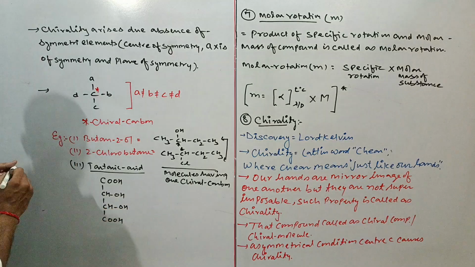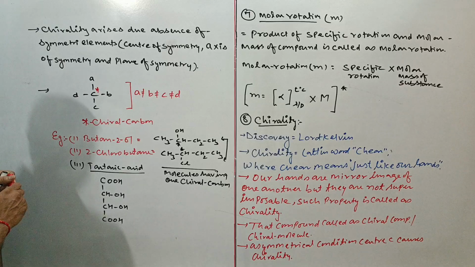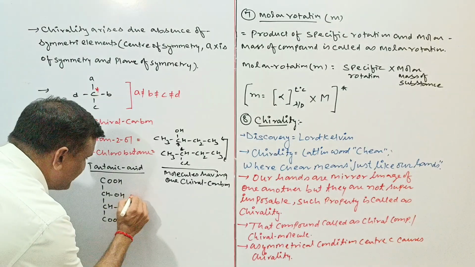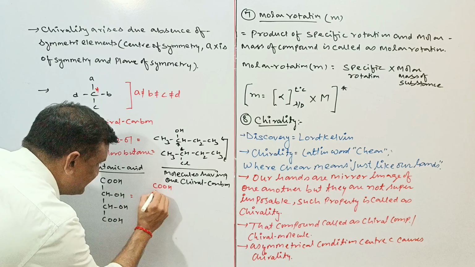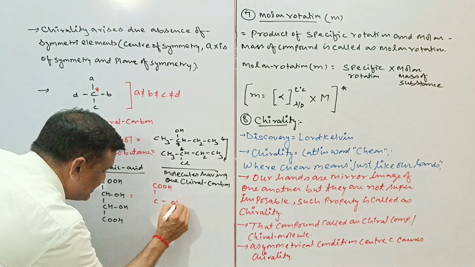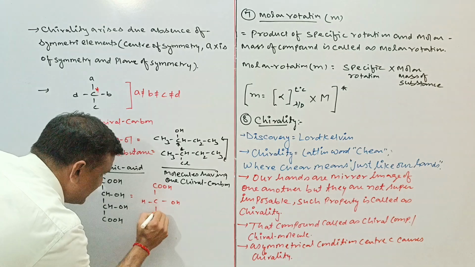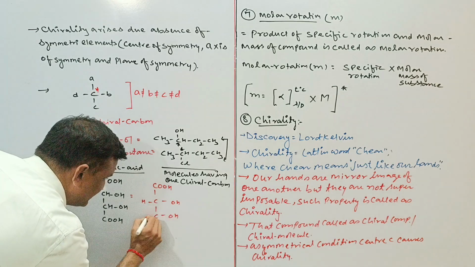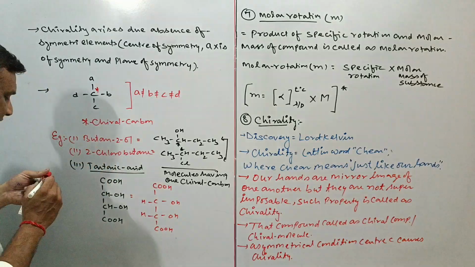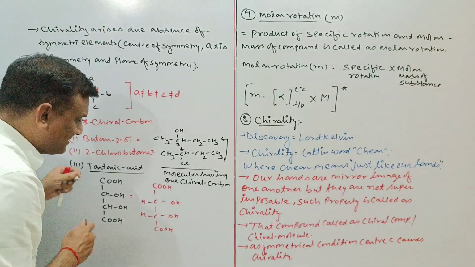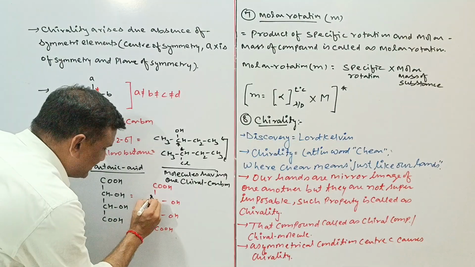If we'll go with the just structure, then it can be shown as follows. This is the COOH because it's a condensed formula, OH and H. This is the OH and H, and this is the COOH. Here are just two of the chiral center, one of the carbon this one, another this one.